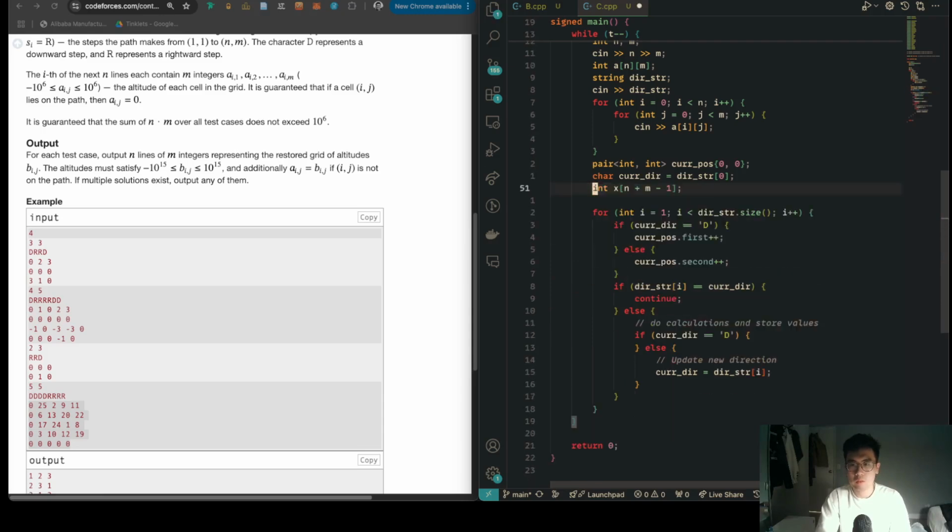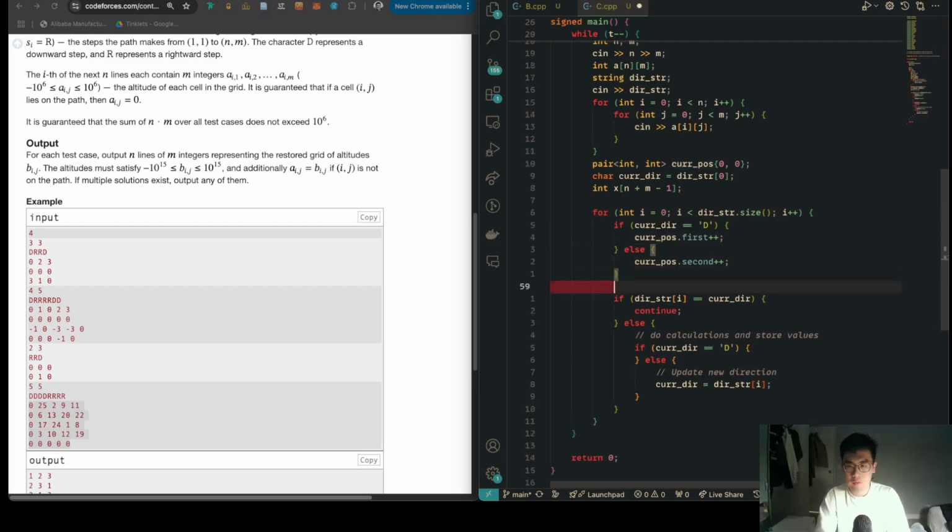So actually what we can do is just this: if dir string i is equal, we can just continue, else do calculations and store value.